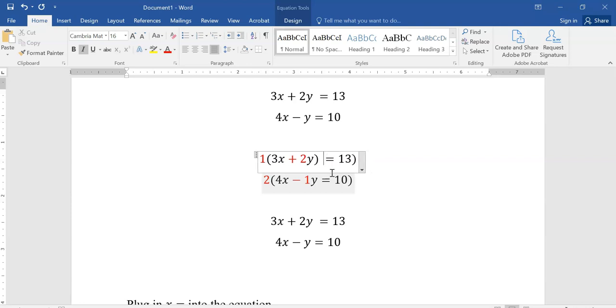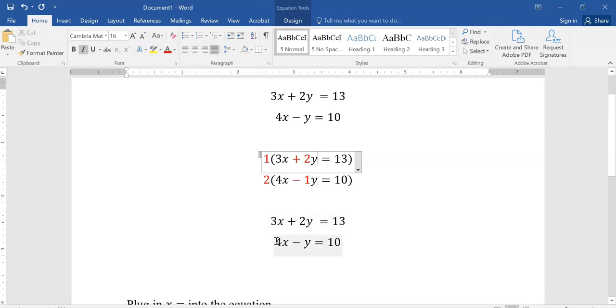I shorthand that and just say multiply times 1 times the equation. It means both on the left-hand side and on the right. Same thing here. When I multiply 2, I'm going to multiply times the left-hand side of the equation and the right.